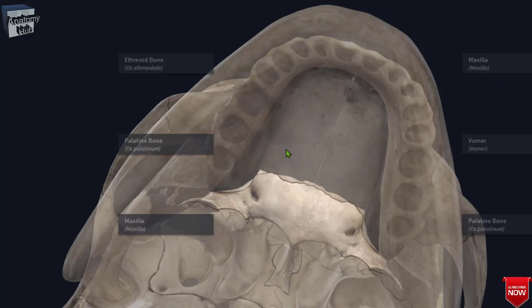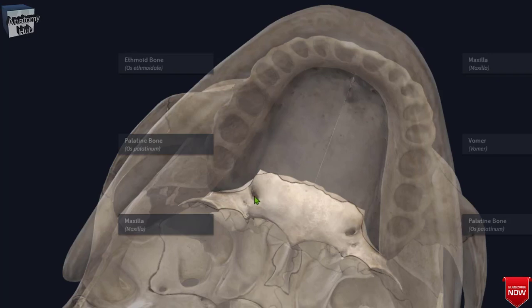The greater palatine canal is the passage going through the sphenoid and the palatine bone, connecting the pterygopalatine fossa to the oral cavity. This canal transmits the descending palatine vessels.